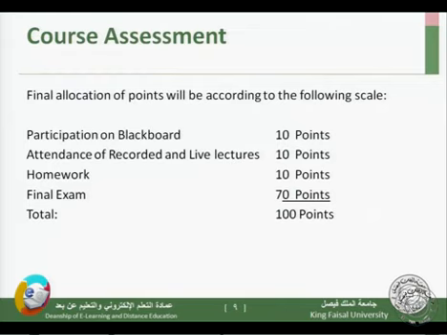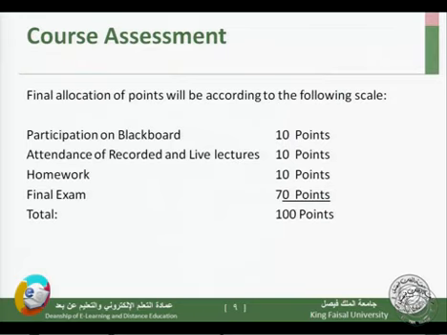Now we move to what may concern you a lot. It is about the course assessment. How is this course going to be assessed? Now what I can say at this particular moment is as follows. The final allocation of points will be according to the following scale. Your participation on the blackboard will be given 10 points.